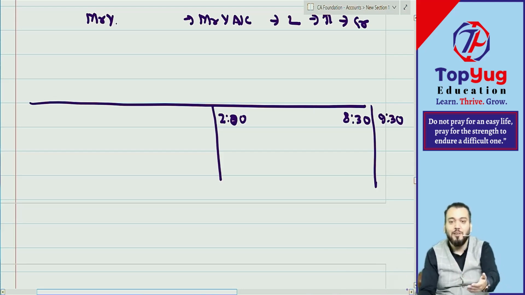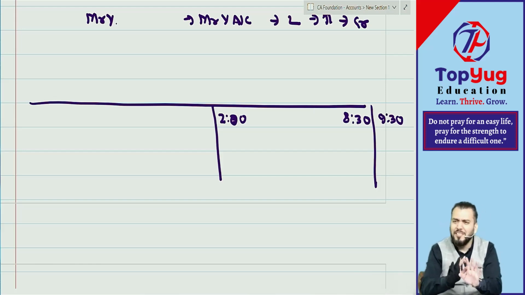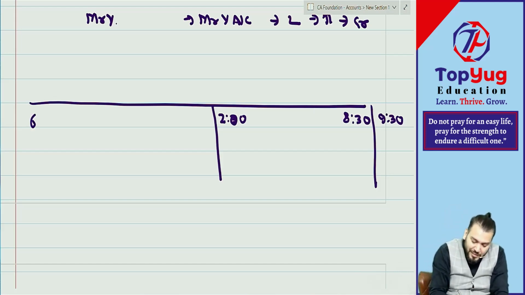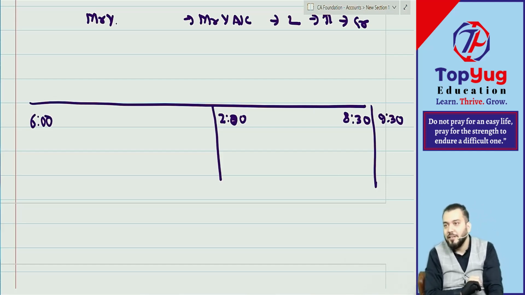After that, do you sleep or continue? You continue. Very good. Let us make one simple rule, because you are getting up early, that you should get up by 6 every day.